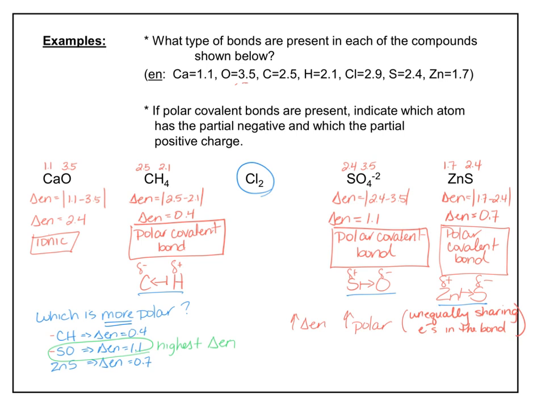Versus the sulfur-oxygen bond has a higher delta EN value, so that would be like me in a tug-of-war match with my 7-year-old daughter. Hopefully I would win that match, and I like to think that I'm much stronger than her. Hopefully that helps you with understanding what that delta EN represents. The higher the delta EN, the more they are not sharing the electrons equally in that bond.